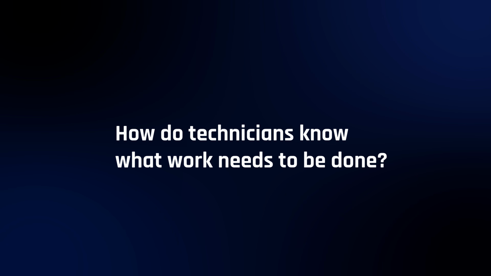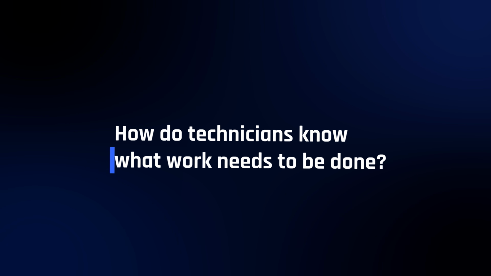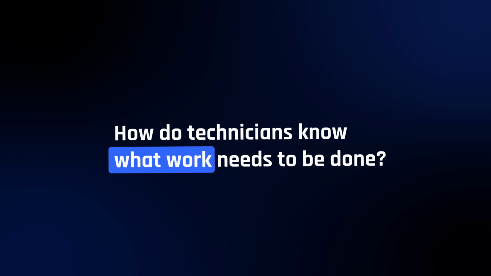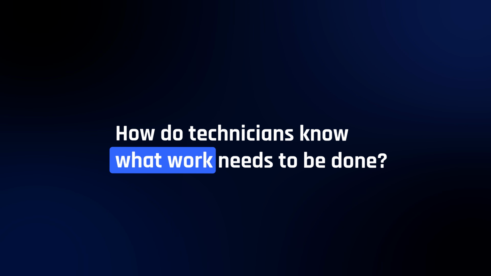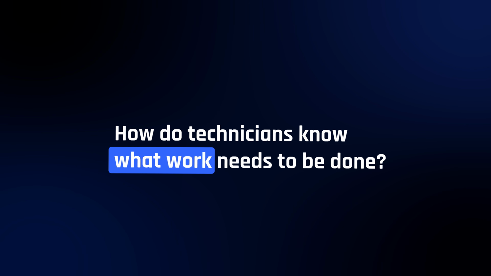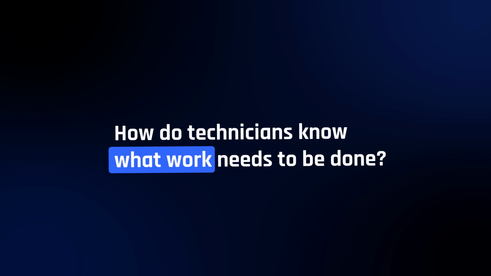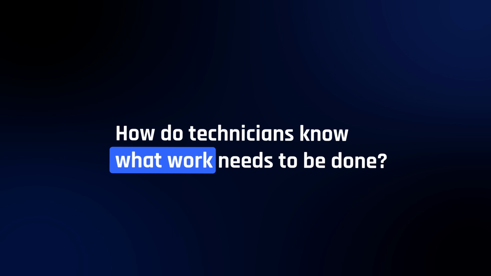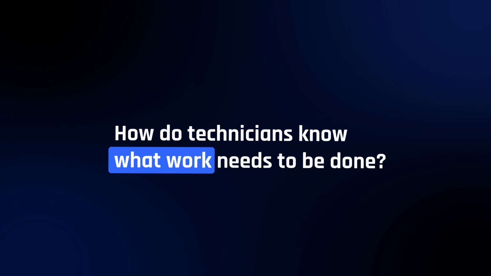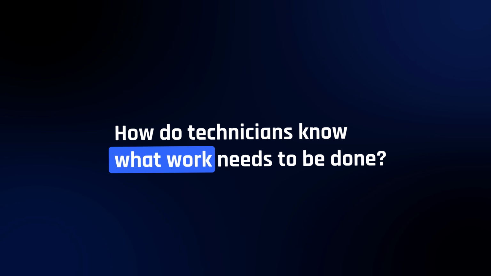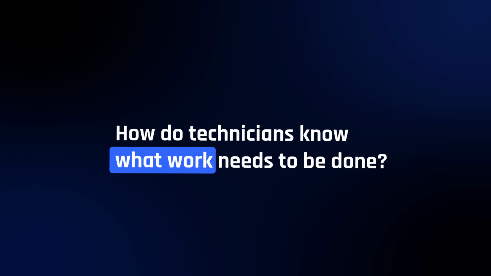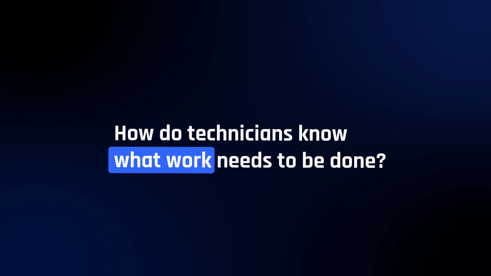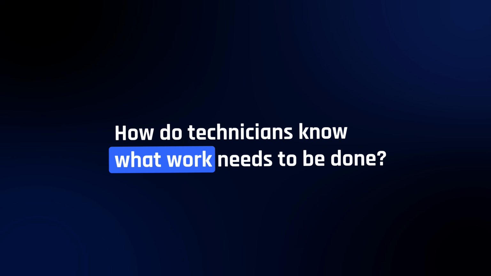But there is still one big challenge. How do technicians know what work needs to be done? They need task instructions, order numbers, operation details, required materials, and priorities. All of that information normally lives inside SAP. So we need a way to extract and distribute this information before the system goes offline.